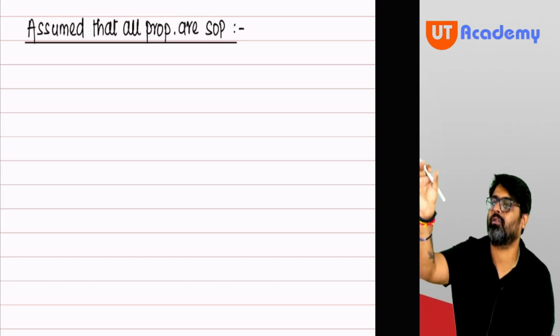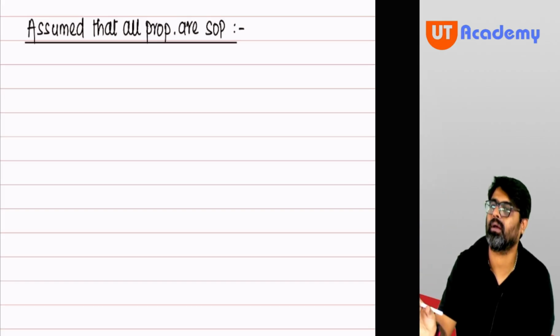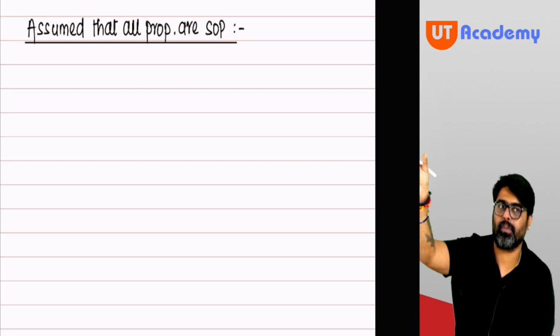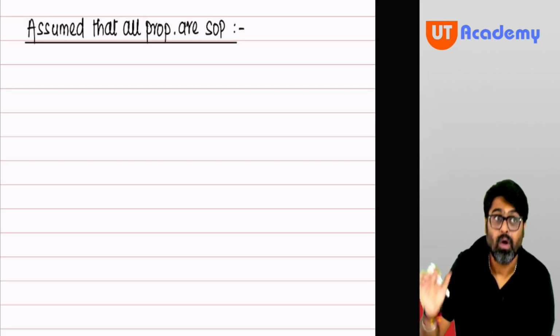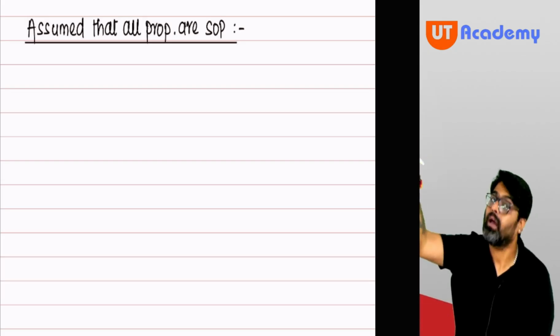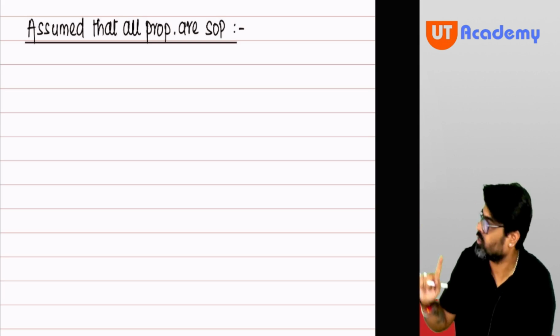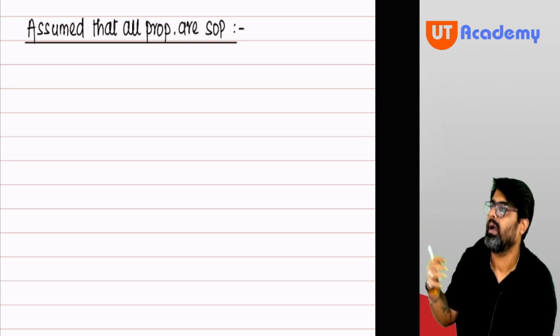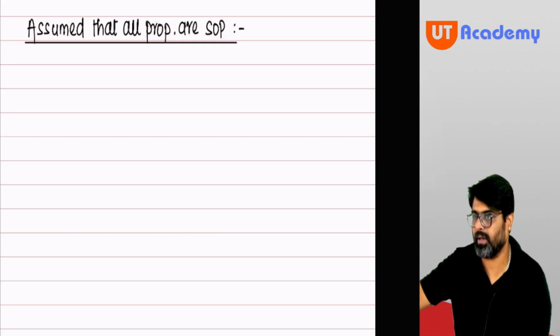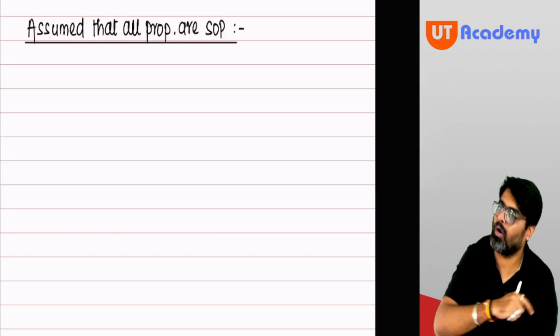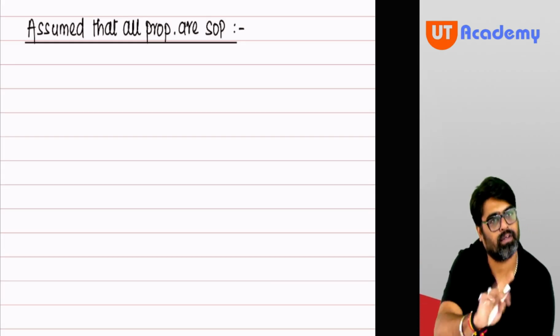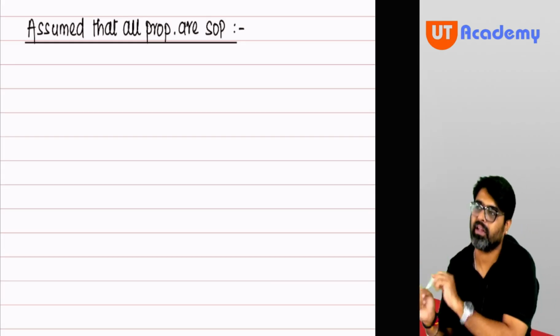What if property 1 is SOP? How much will be the taxable income? What if property 2 is SOP? How much will be the taxable income? What if property 3 is SOP? How much is the taxable income? So in my first table, I'm going to consider as if this property is SOP, this property is SOP, this property is SOP. What will be the taxable income of each property if that property is treated as SOP?